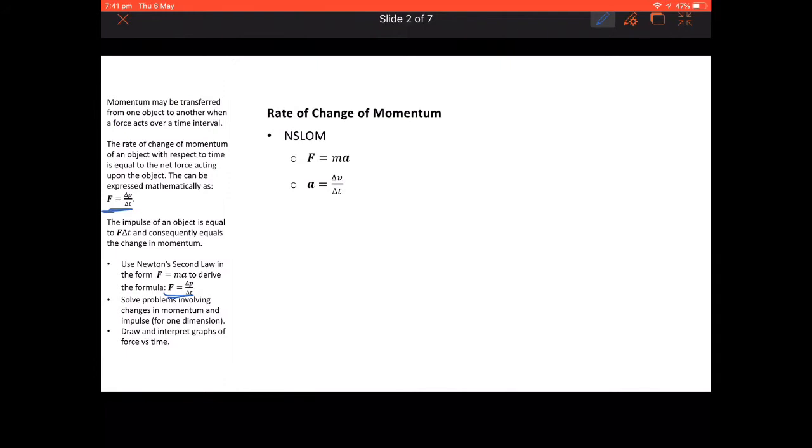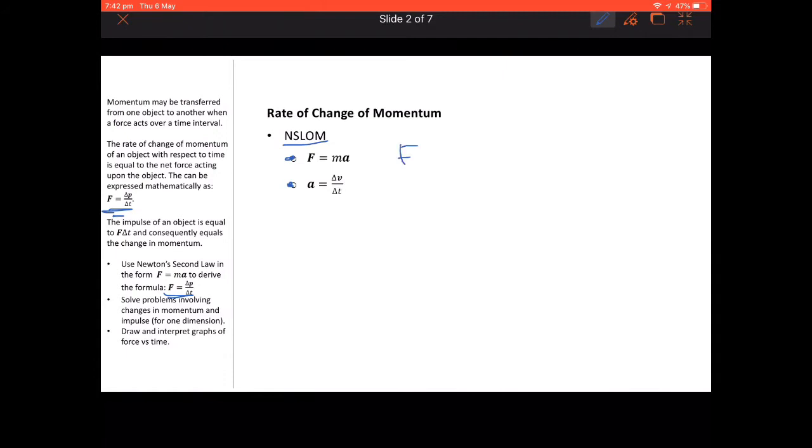So looking at rates of change of momentum, we know from Newton's second law of motion that force equals mass times acceleration. We also know from our motion work that acceleration is equal to the change in velocity divided by the change in time. So we can use these equations here to derive this equation here, so force equals change in momentum over time.